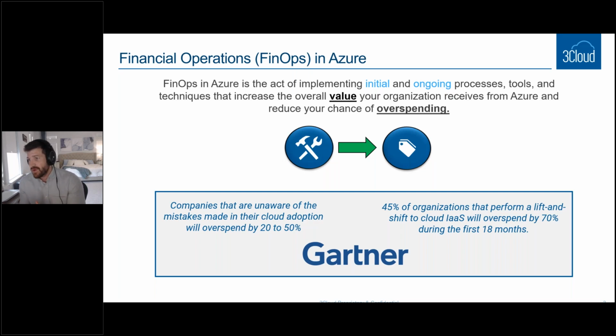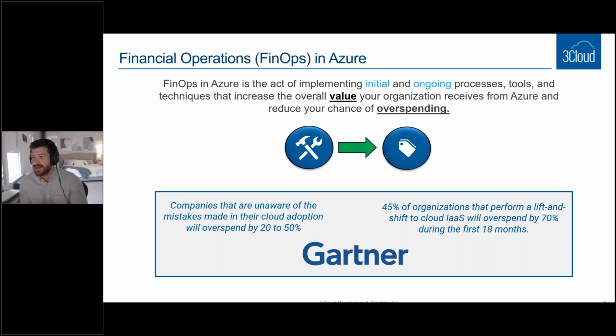You likely are getting more value out of that, regardless of if it's costing you more. So financial operations doesn't always have to mean spend reduction. But of course, the key reason that everyone jumps at is we want to reduce overspending. So it's not overspending if you're getting the proper amount of value out of Azure, but we obviously want to reduce as much as we can.